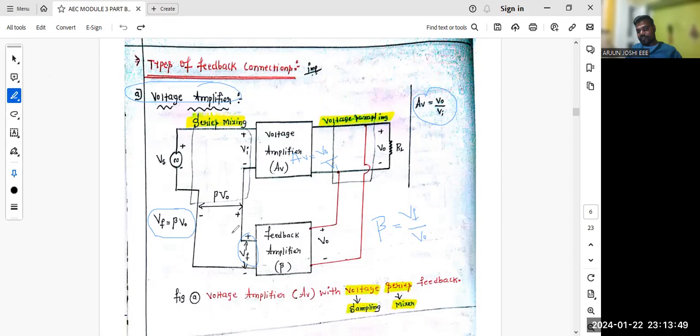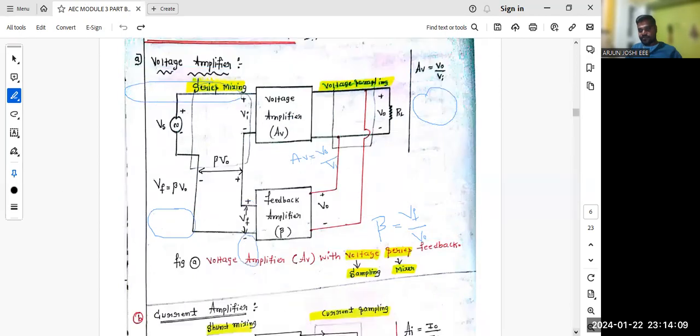This is how we connect series. For the sampler, it is parallel. We connect the load resistance across AV, and from positive to positive, negative to negative, we connect one output supply in parallel. This is how we connect the voltage amplifier connection.